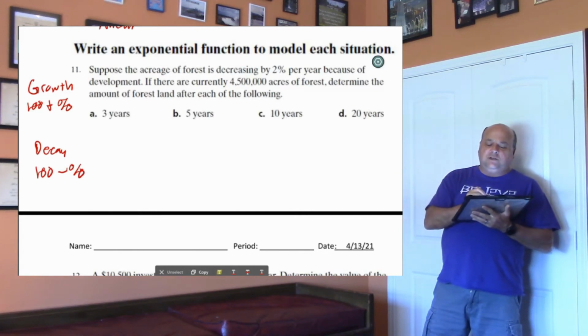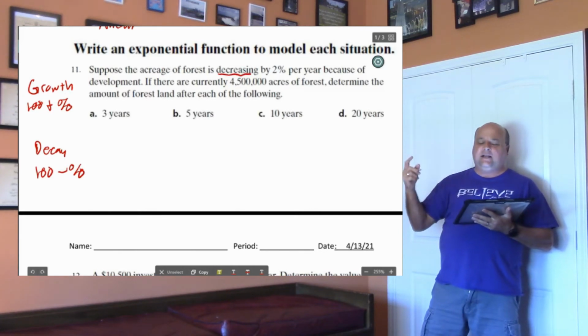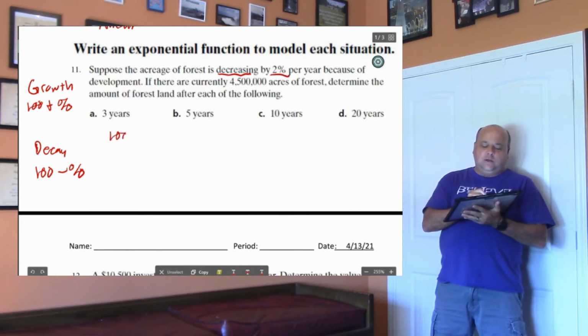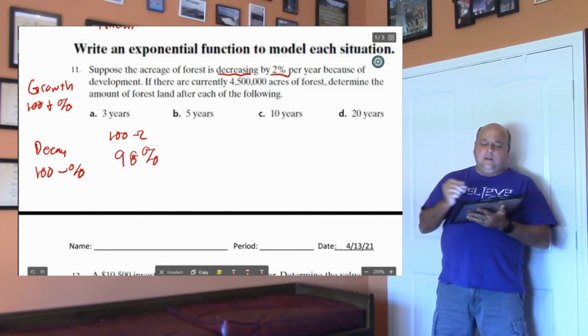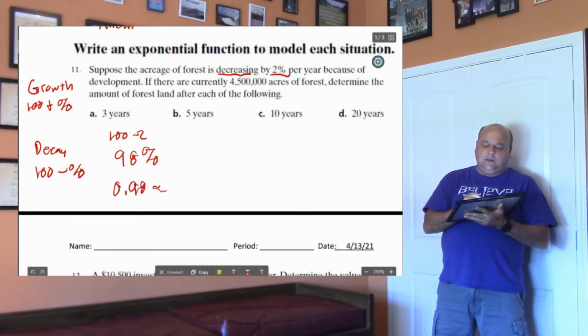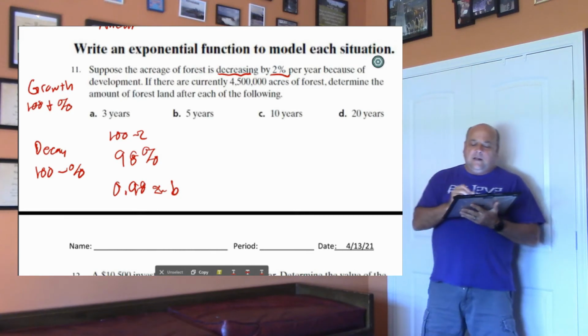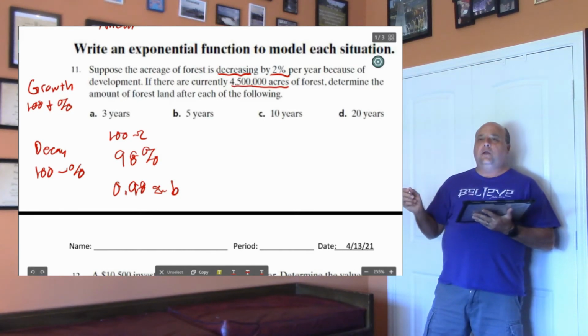So let's look right here. The forest acreage is decreasing. That means it has decay by 2%. If it's decay, you're going to do 100 minus 2, and that gives me 98%. And as a decimal, that is 0.98. That's going to be my common product. Sorry, my pen's messing up. Okay, this right here is our initial amount.